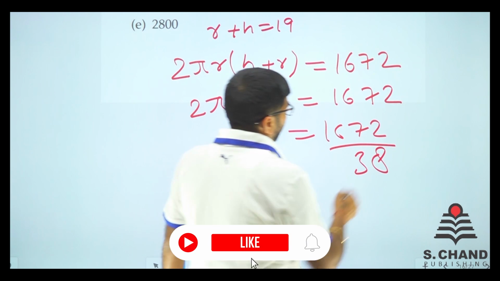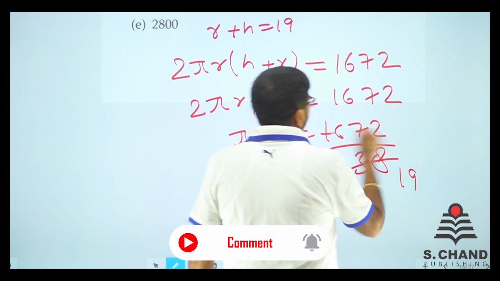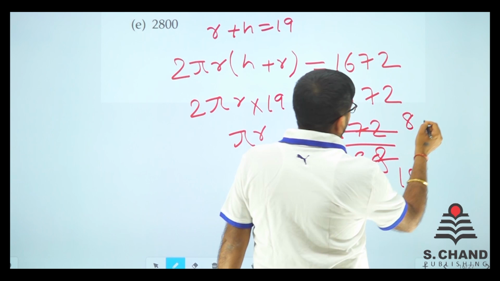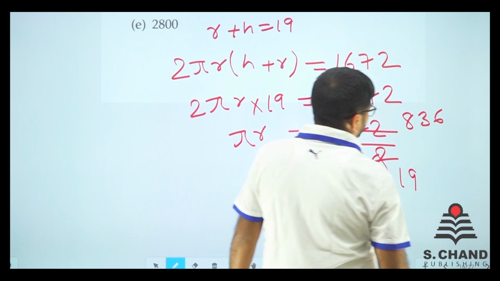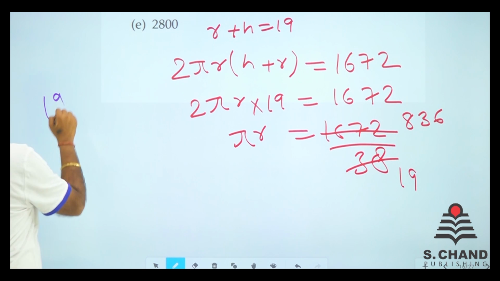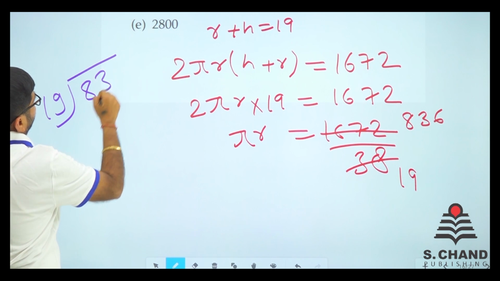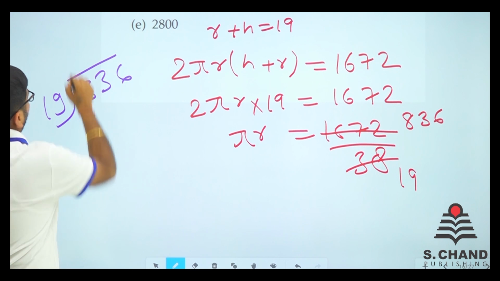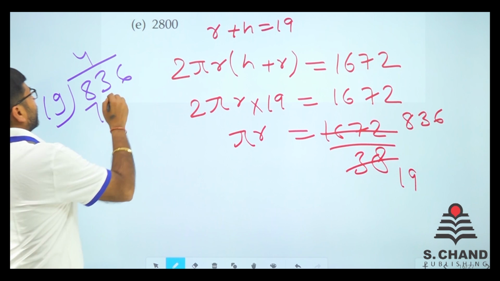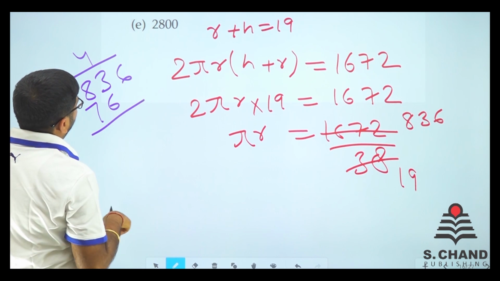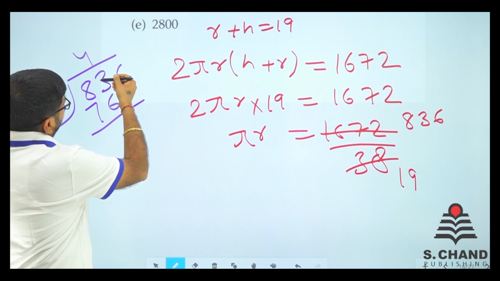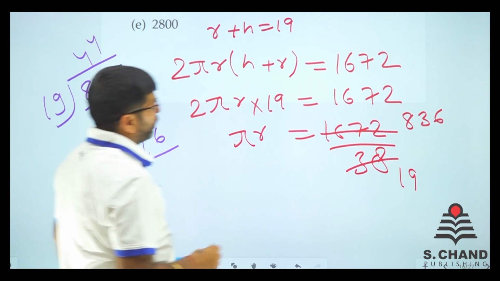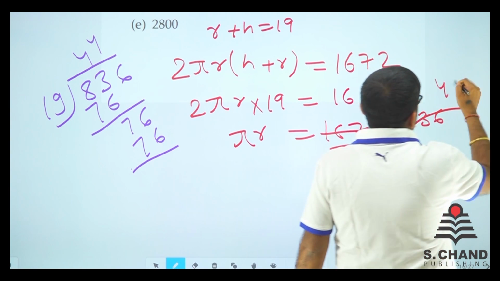Do one thing, divide by 2, we get 836. Then divide 836 by 19. So 19 into 4 is 76. We have got 83 minus 76. So 7, then 6 brought down, again 76, and it is 4 times. So when you divide 836 by 19, we get 44.